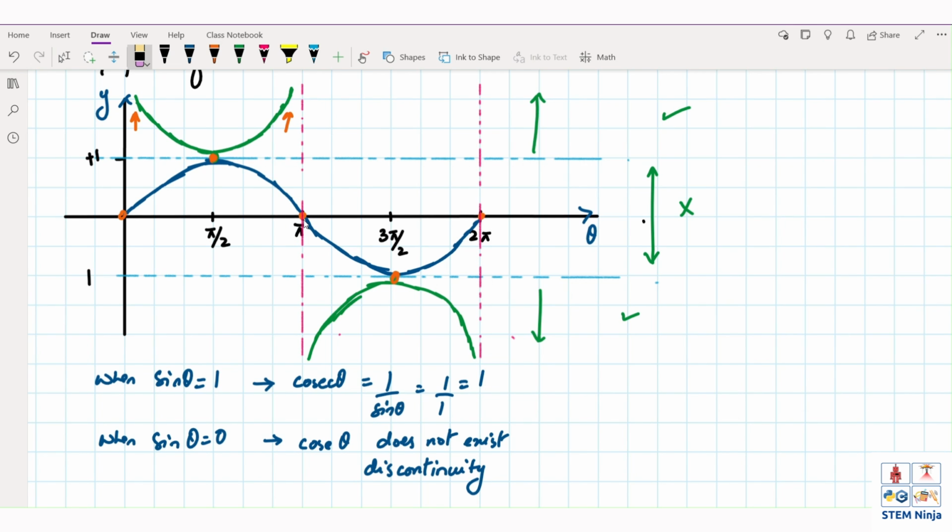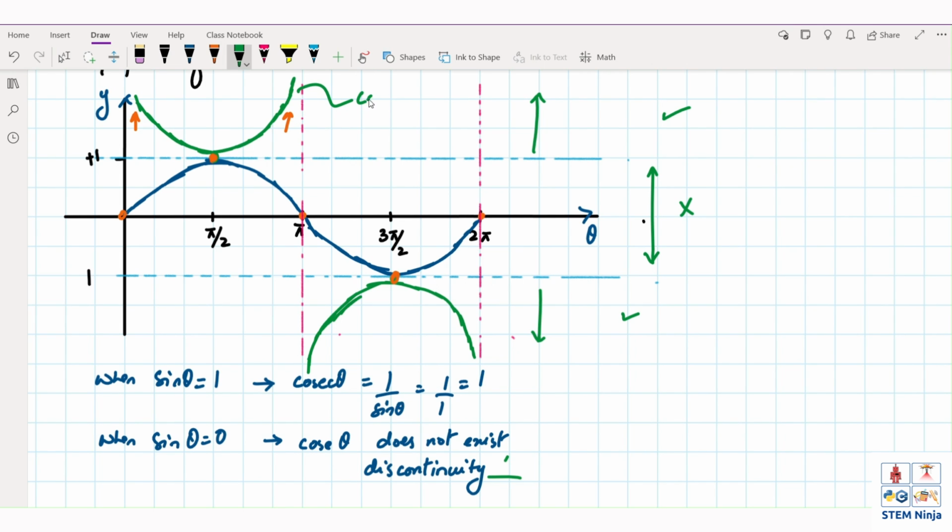So at pi or 2 pi or even 0 radians, the function does not exist. So towards the left of, for example, pi, it's a very high value, and to the right of pi, it's a very low value. And this is what we call discontinuity. So function does not exist at pi. So wherever the sine theta is 0, it will not exist.